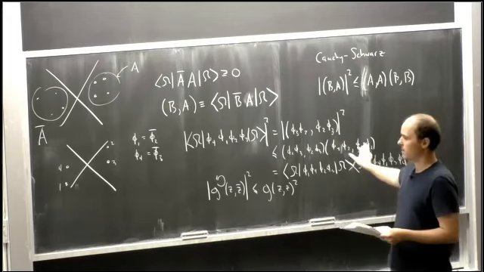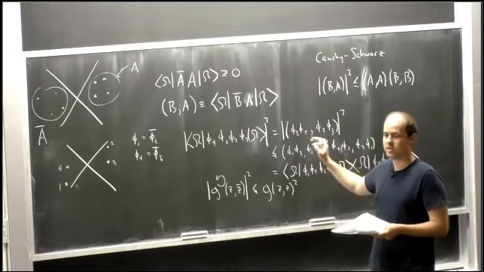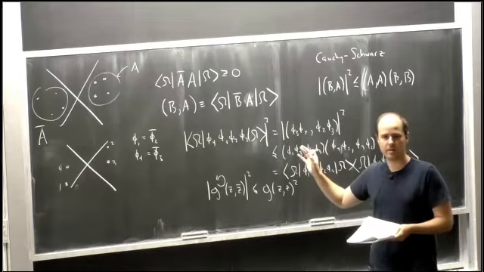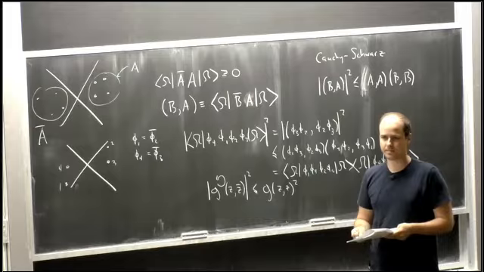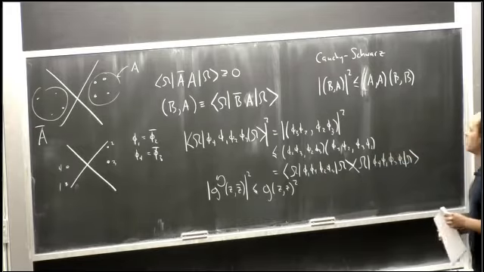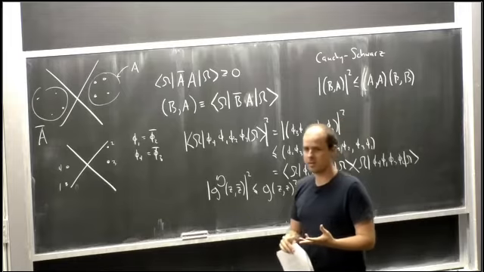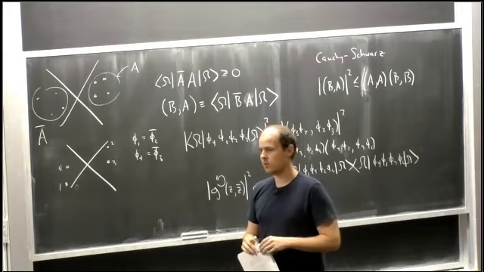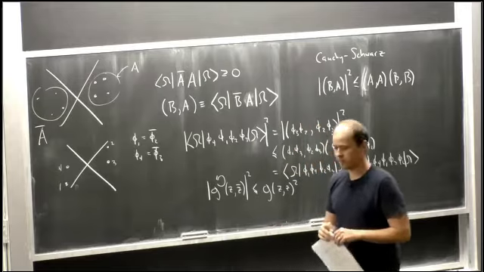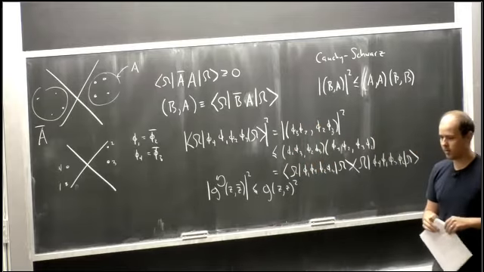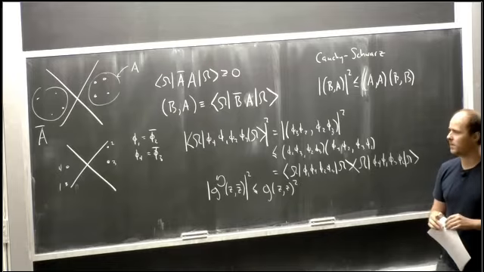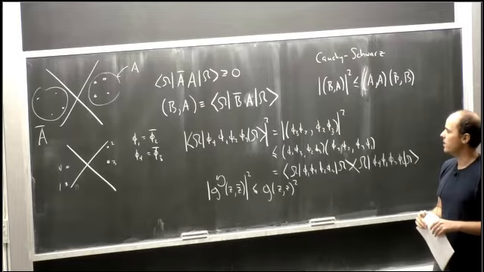It's a special case of the Cauchy-Schwarz argument that goes into the proof of the chaos bound. In the proof of the chaos bound, there's a centrally important step where you use Cauchy-Schwarz to relate two different thermal correlators to each other.